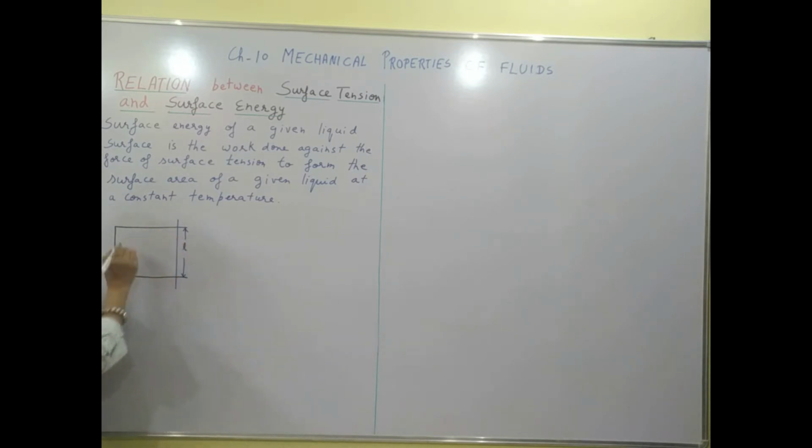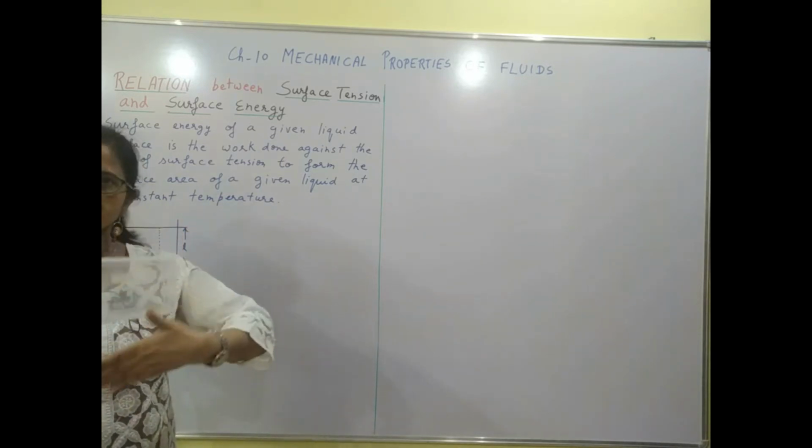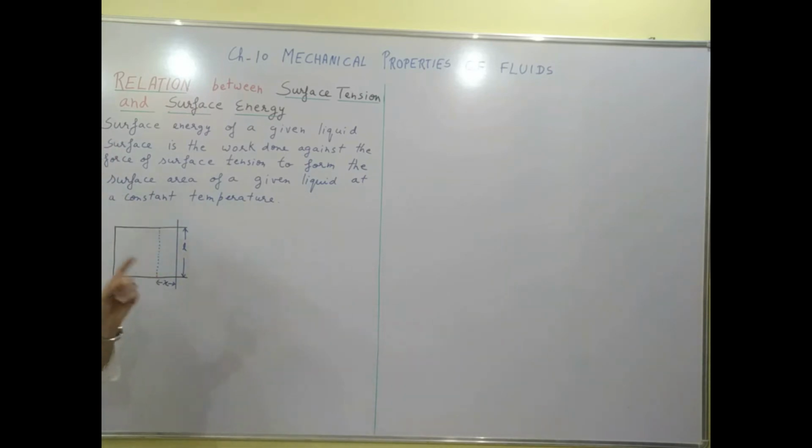And when this moves here, suppose this is the new position of the movable arm, and the distance through which it moves is x. Now this is the soap film. So the soap film has two sides for the area. Suppose this is one surface area side and this is the other surface area side, right?